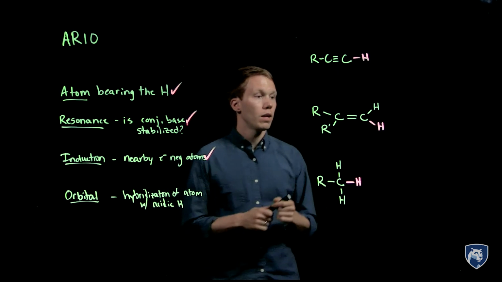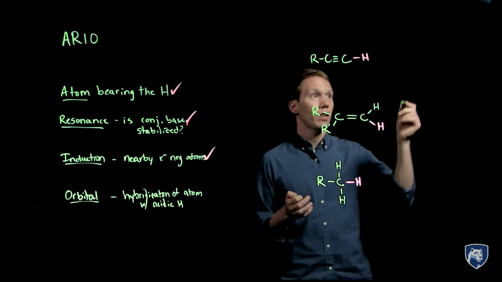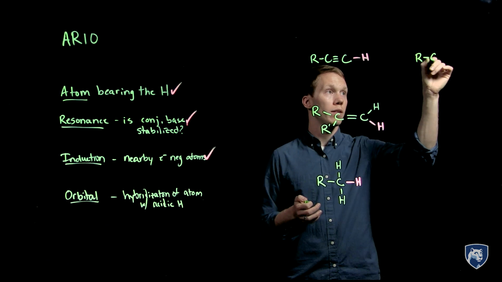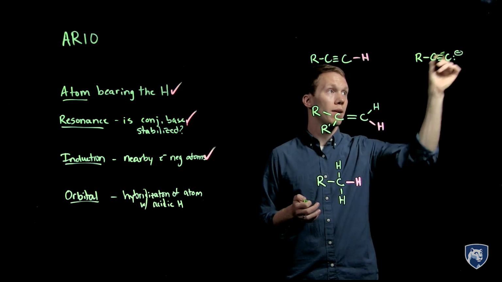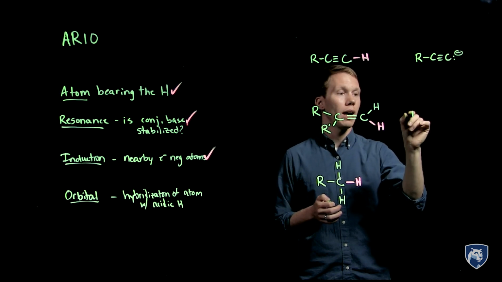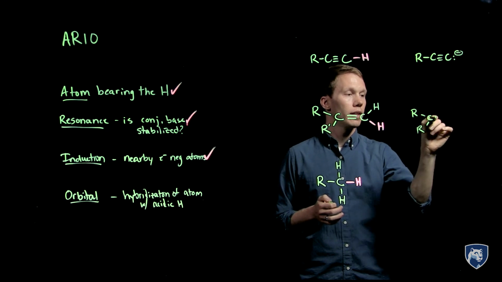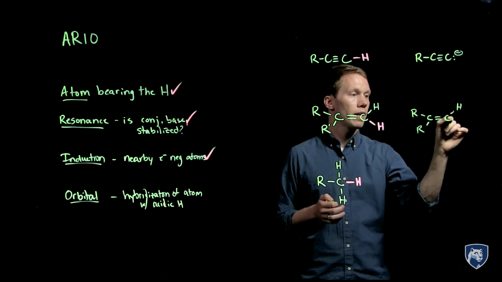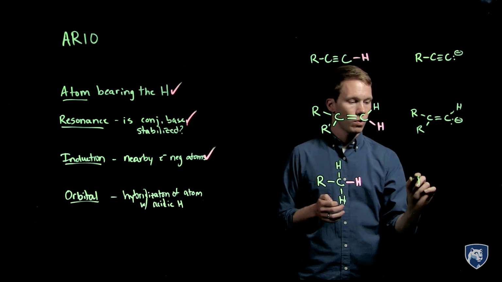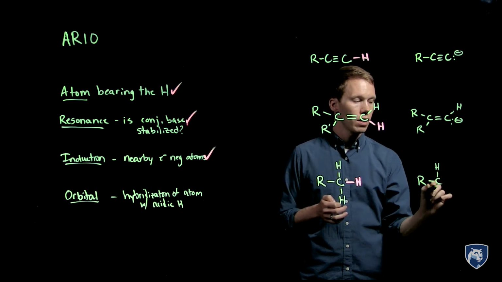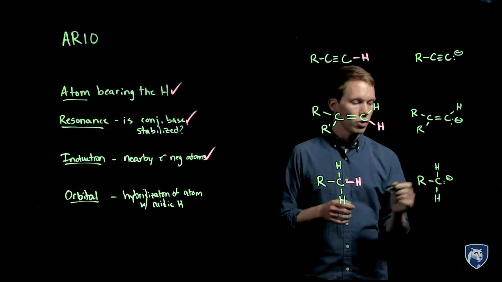So if we look at these and we draw out the conjugate bases, we're looking for what's the most stable, right? So we're talking about this carbanion, and then this alkene bearing a negative charge, and then, of course, this alkane bearing the negative charge, okay?